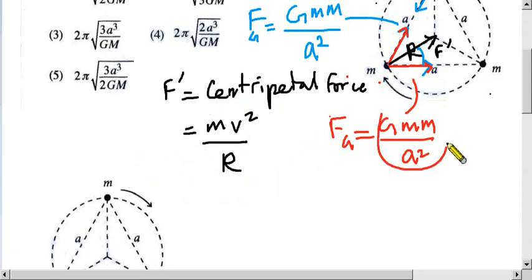It is given by these two gravitational forces, so we have to get the component to this direction.